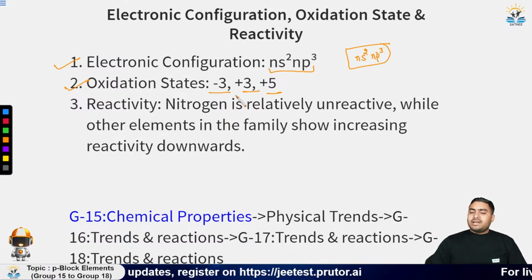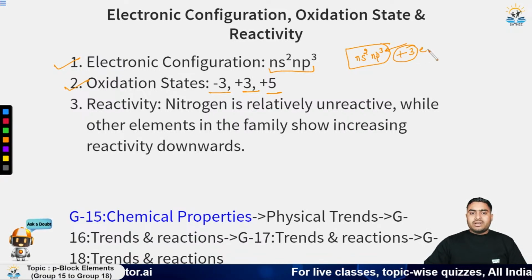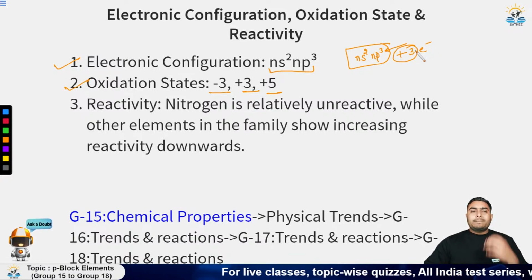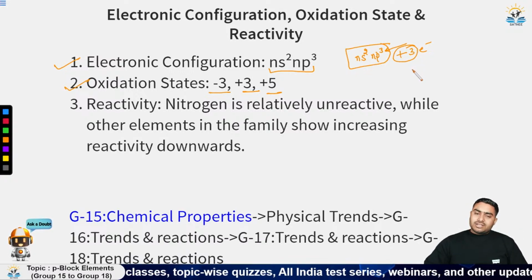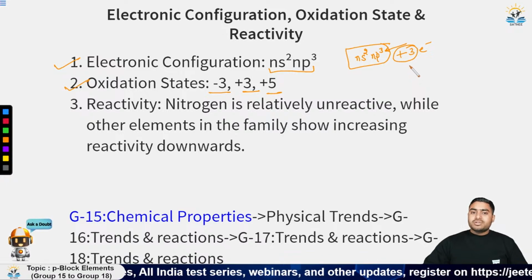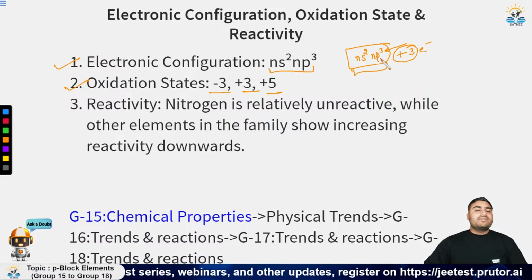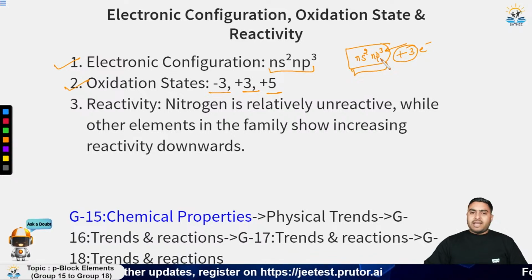So it can accept 3 electrons to complete its octet. That means it will show -3 oxidation state. It can show +3 oxidation state, it can lose 3 electrons, and it can lose all 5 valence electrons which are present in ns and np.